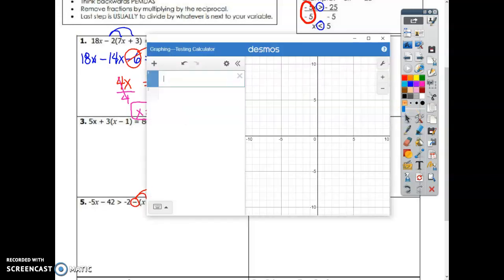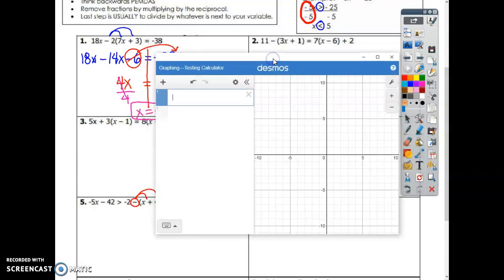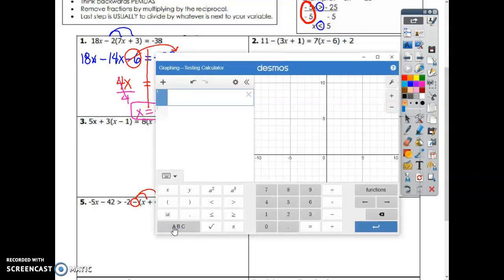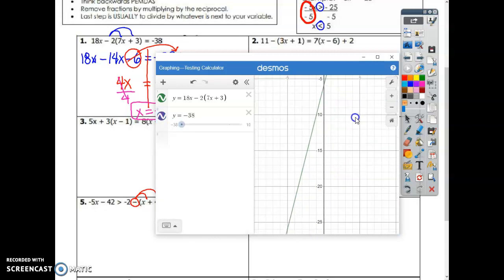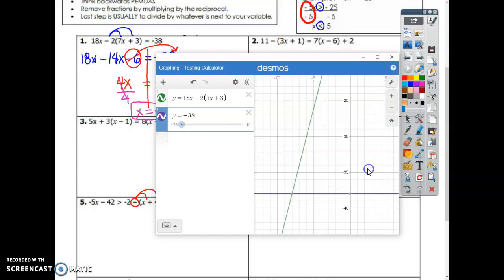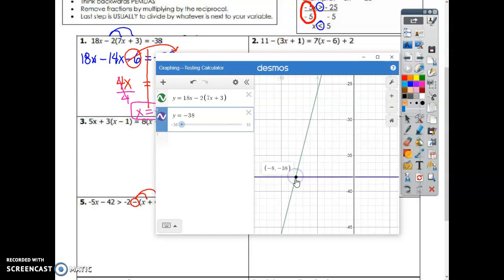So in Desmos, we're graphing the left side, which is y equals 18x minus 2 parentheses 7x plus 3 close parentheses. Y equals the right side, which is -38. So you look where they cross, and it's the x part of it, so that was -8.